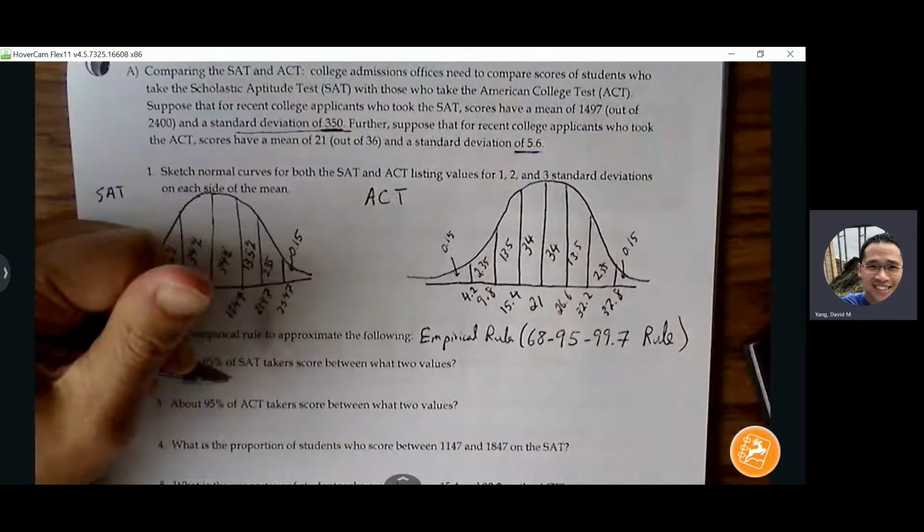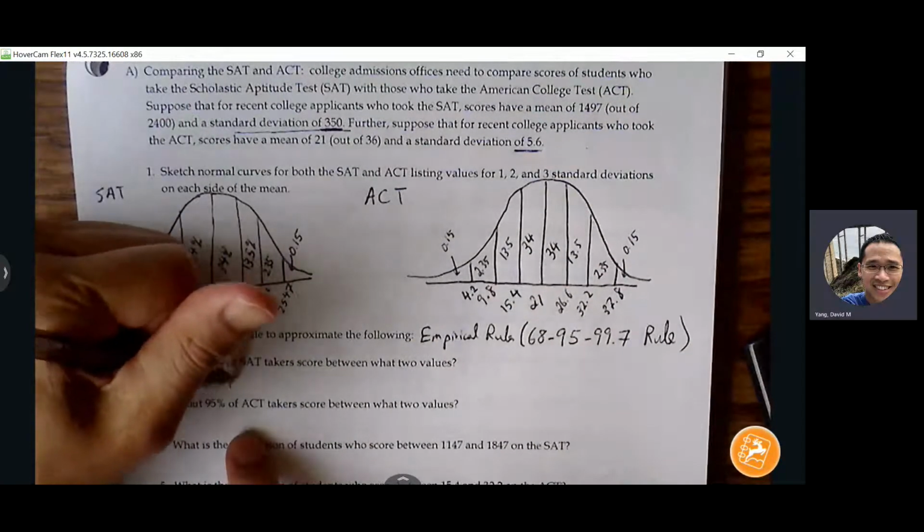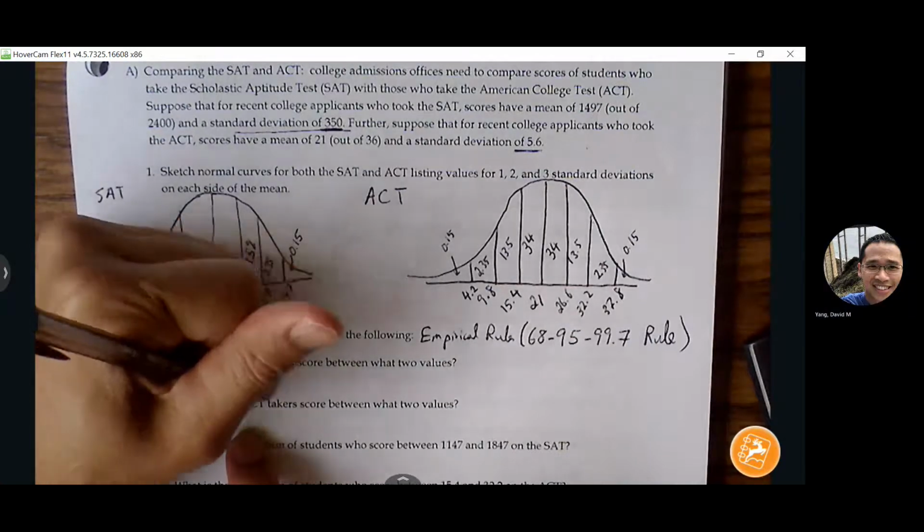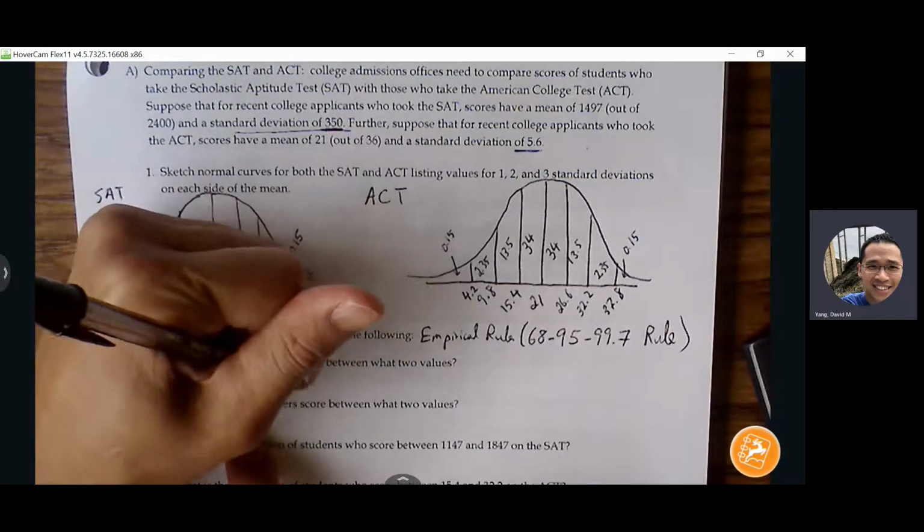Okay, so 95% is within plus or minus two standard deviations.